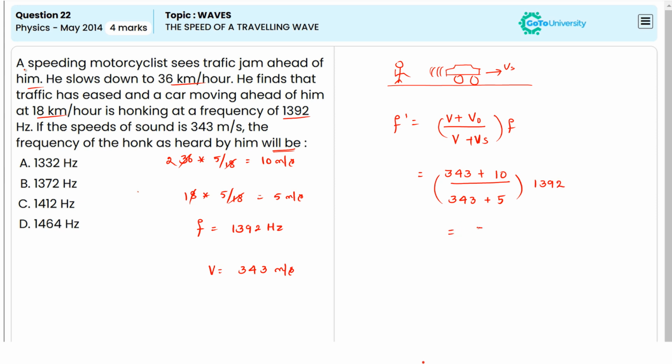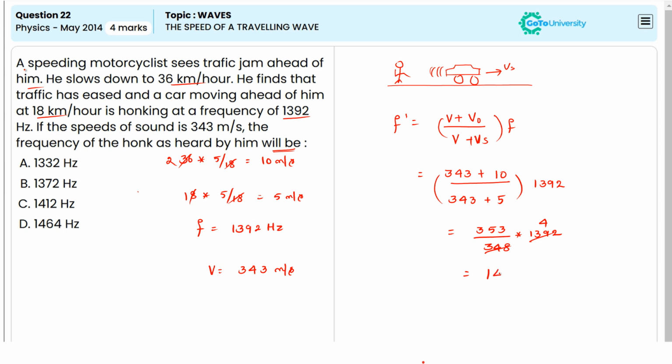Then this becomes 353 divided by 348 into 1392. If we cancel 348 and 1392, it goes 4 times, then 353 into 4. 300 into 4 is 1400, and 3 times 4 is equal to 12.